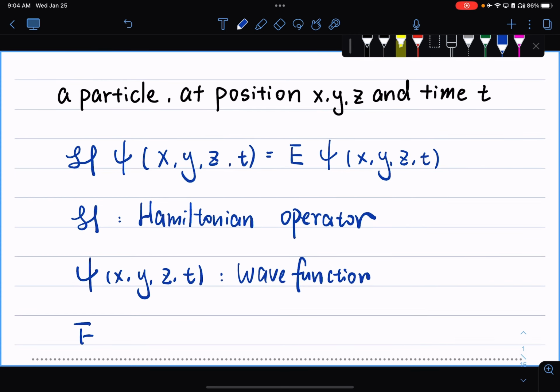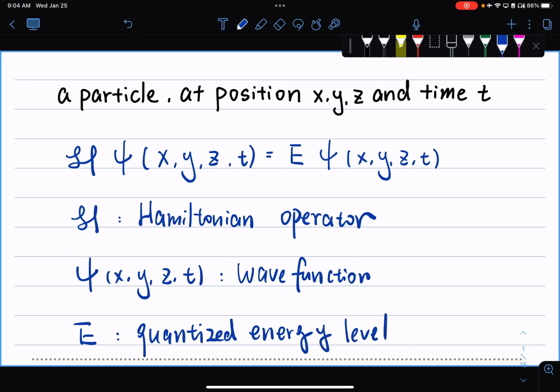And the solution will give you energy that is quantized. Again, we can't really derive the Schrödinger equation like what we did with the Bohr model, but I'm going to go over some of the things behind this simplistic version of the Schrödinger equation and see if you can get more physical insight into it.